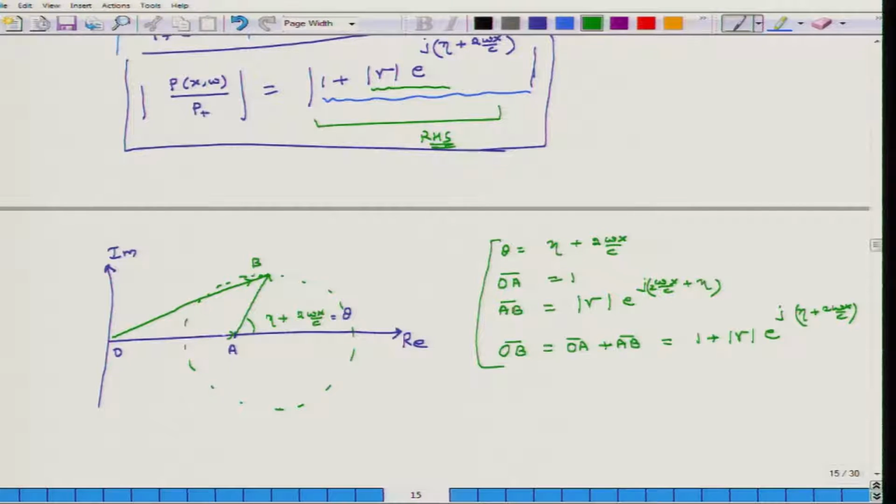Now it is not exactly a well drawn circle, but the center of this circle is point A. So, there will be a minima associated with OB and there will be a maxima associated with OB. Okay.